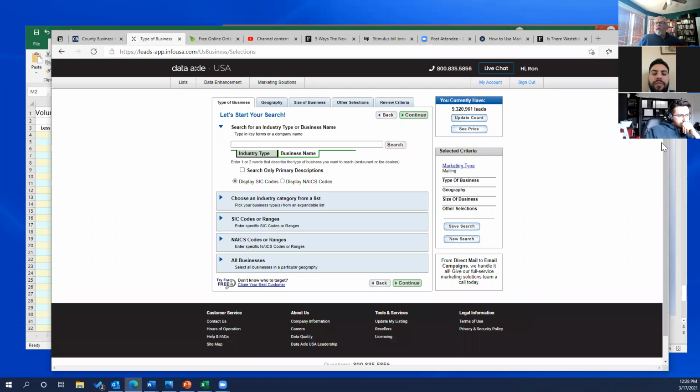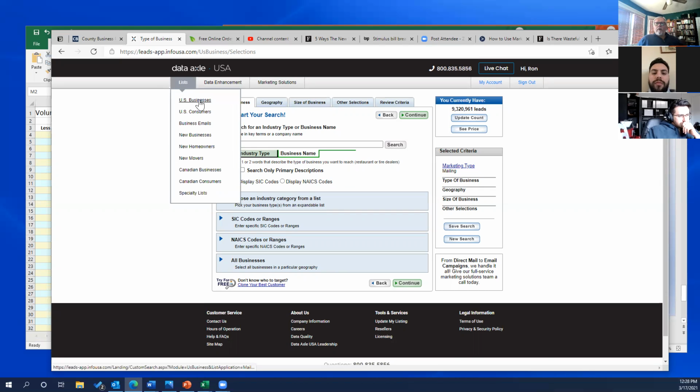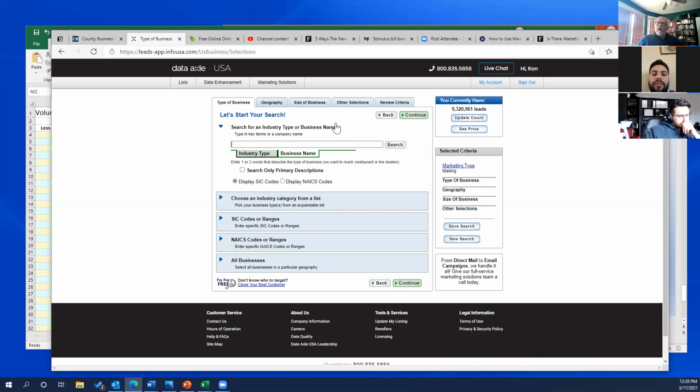Basically, you click into lists, US businesses, and then you can start doing your search. And you can see that you search on the industry, which we just talked about, geography, type, size of business, dollars or employees, and a few other selections like home office, headquarters, that sort of thing.